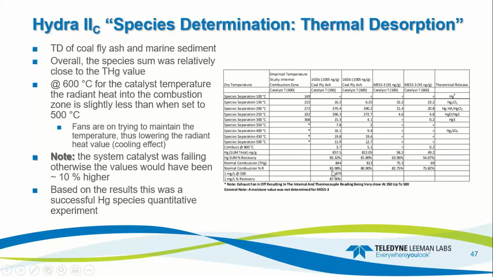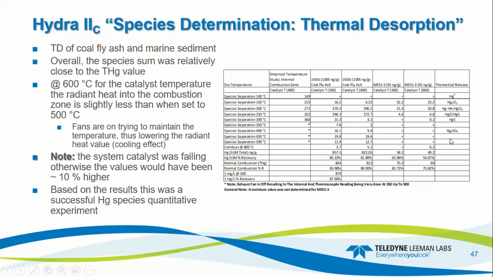Here we're achieving 83% and 81% basically at the two different temperatures. Similarly, I've got a slide coming up that's going to show you the value of marine sediment as well. That's going to be pretty much as described in the certified value of that as well. So based on the results, I'm going to deem this experiment as a successful species quantitation.